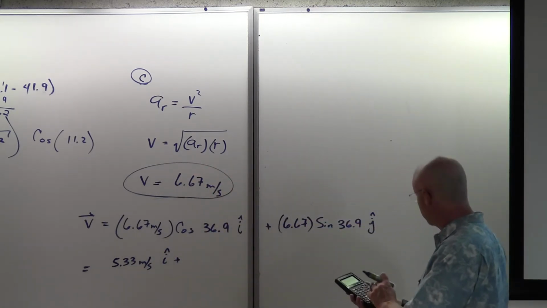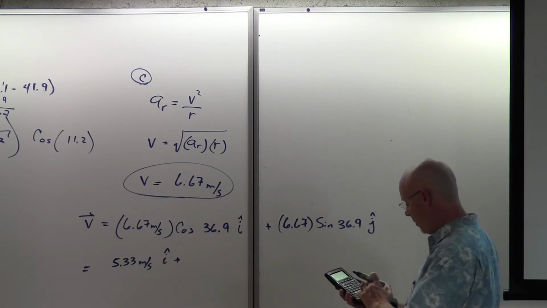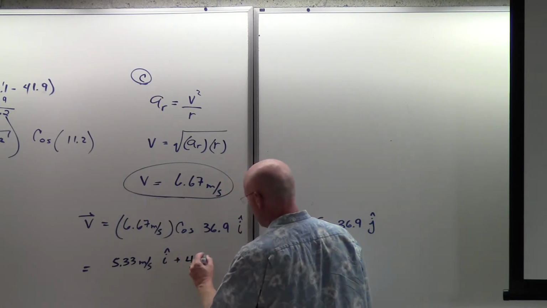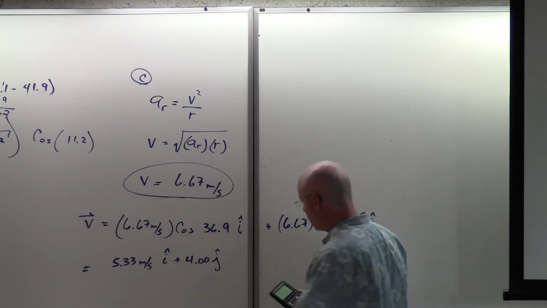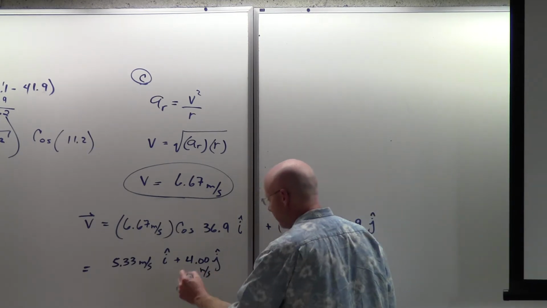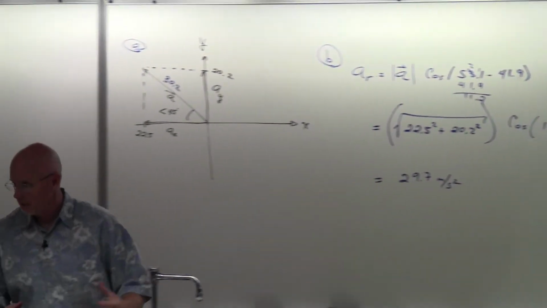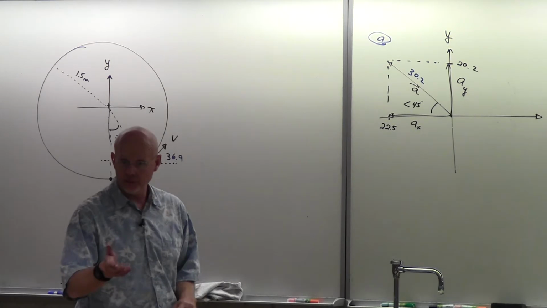And 6.67 times sine of 36.9 comes out to be 4.00 meters per second in the y direction. And so there's my answer, speed and direction. Fair enough?